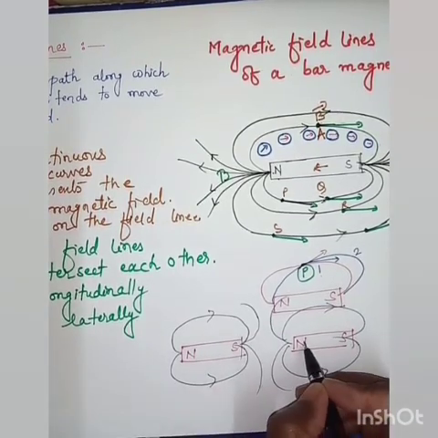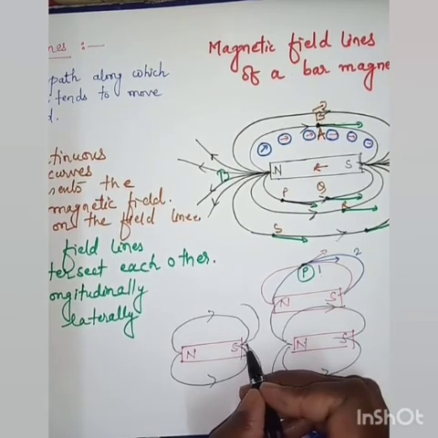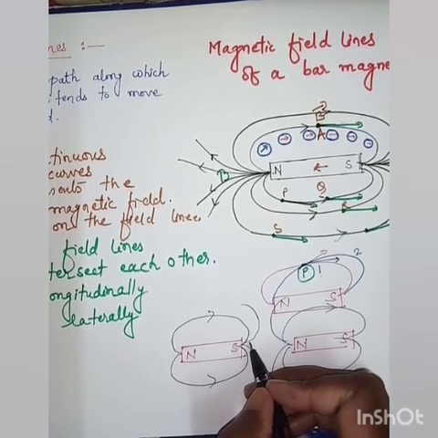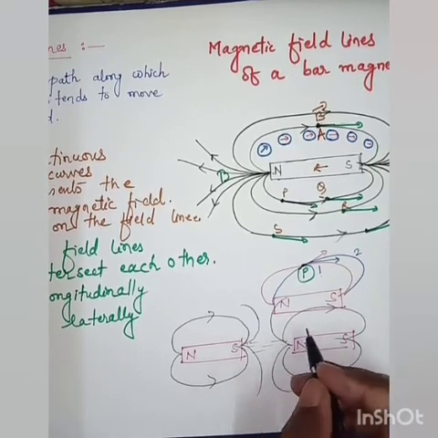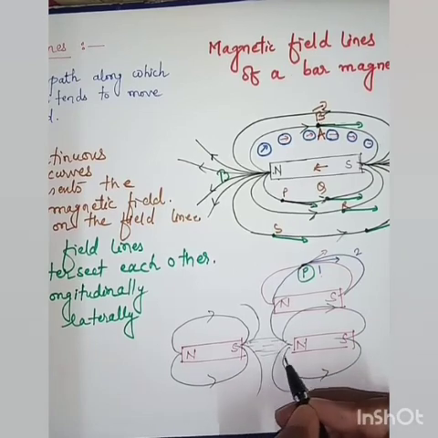South pole and north pole, since they are opposite poles, they will attract each other. You can see that the field lines contract here, that is, along the length they are contracting. Since they are attracting each other, the field lines are contracting.